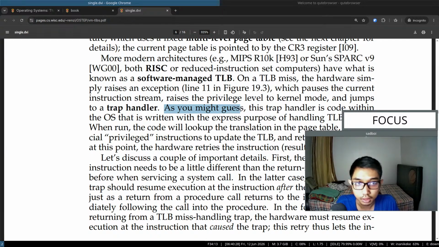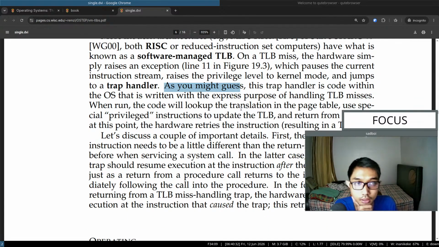As you might guess, this trap handler is code within the operating system that is written with the express purpose of handling a TLB miss.